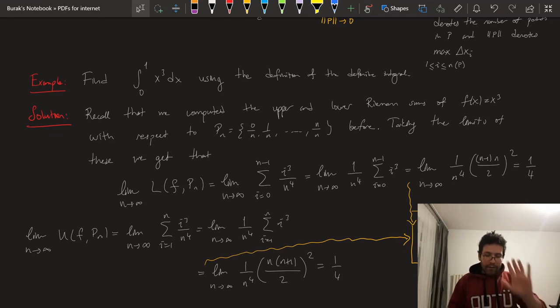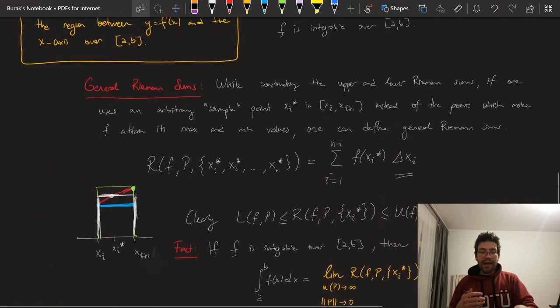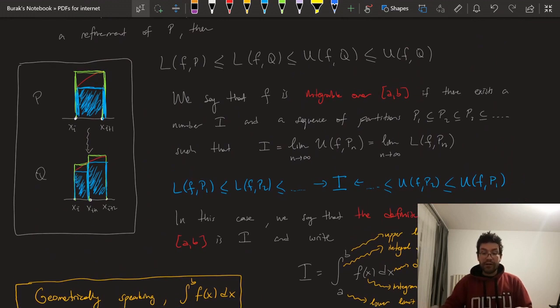I obtained a sequence of partitions for which upper Riemann sums and lower Riemann sums approach the same number. Now, using these partitions, you can actually get partitions which are refining each other, so that they will approach the same limit. How?